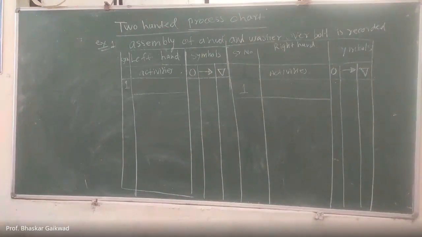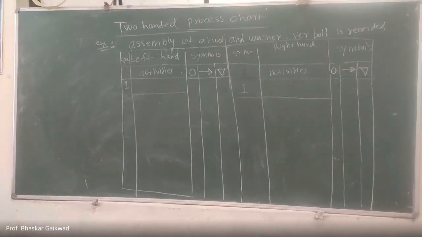See that. So here I have made the structure of the two-handed process chart. Here is the example of nut, washer, and bolt. Means we are making the assembly of nut, washer, and bolt with the help of two hands, left hand and right hand. So the chart is like this.